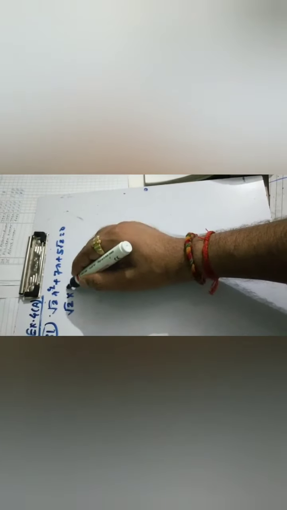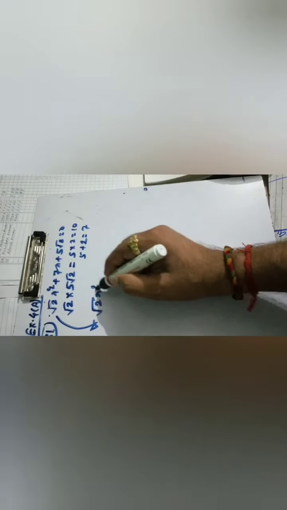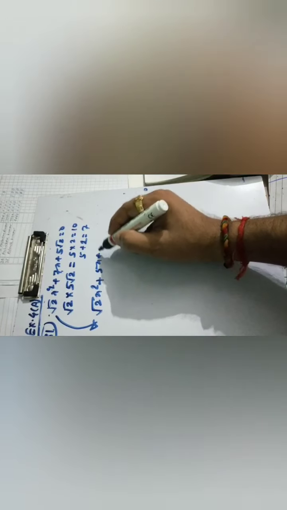We have to factorize it. Now let us multiply a and c, that is, the coefficient of x square and the constant term. Then the product will be 5 into 2, that is 10, and 5 plus 2 will be equal to 7. Then this quadratic equation can be written with 7x as 5x plus 2x, plus 5 root 2 is equal to 0.